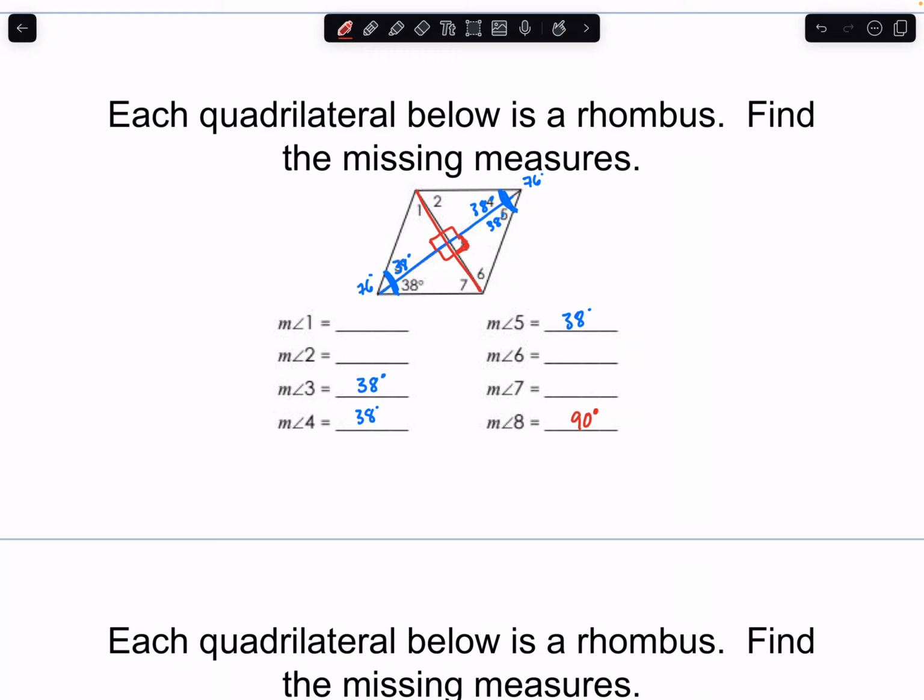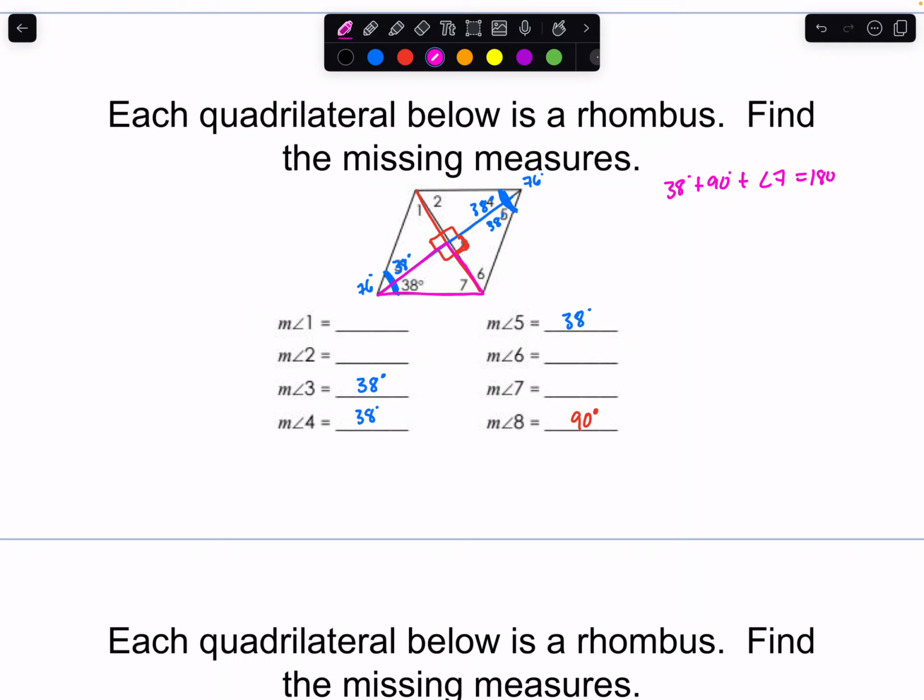Now from here, I can look at a triangle individually if I wanted, or the parallelogram as a whole. If I focus on the triangle individually, I'm going to highlight this in, let's just say, pink. Each triangle should add up to 180 degrees. If I already have 38 degrees and 90 degrees, I can figure out what angle 7 is going to be because they all add up to 180. Right?